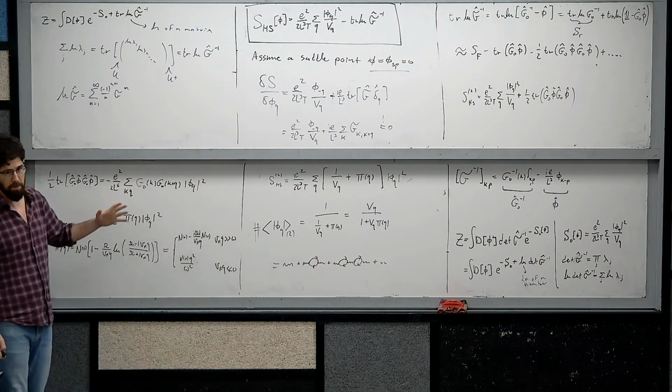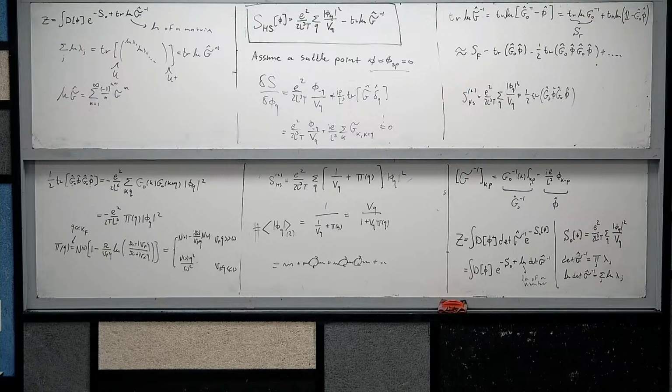That's what RPA really amounts to. It's assuming that the fluctuations in phi are weak around the saddle point solution. So if the fluctuations are weak, RPA can work. So our RPA is like a semi-classical approximation around the saddle point.